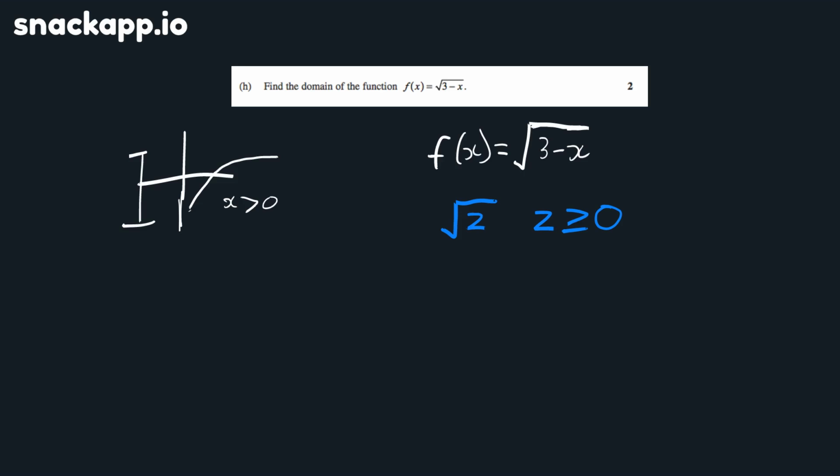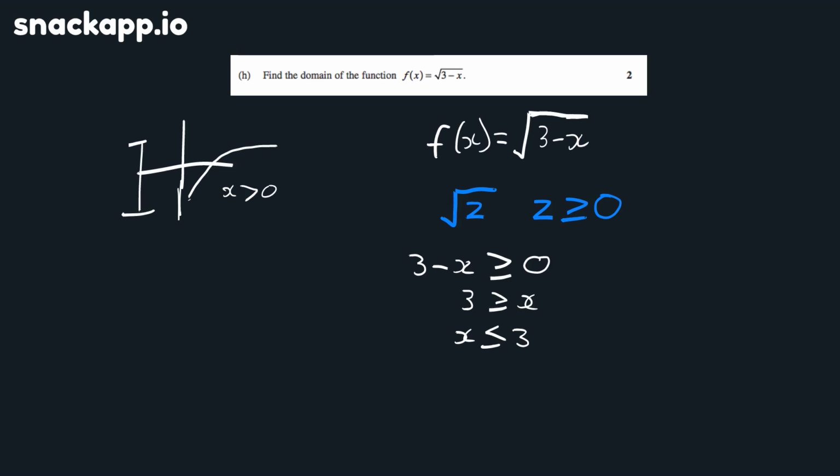So in our scenario, 3 minus x has to be greater than or equal to 0. If we rearrange that, we end up with x on the other side: x is less than or equal to 3. X has to be less than or equal to 3.